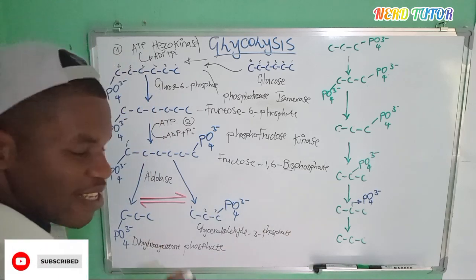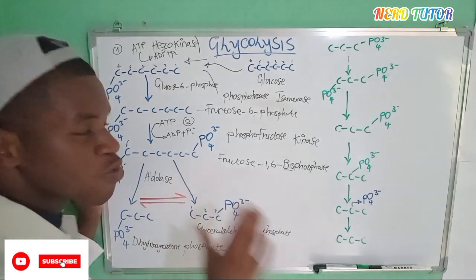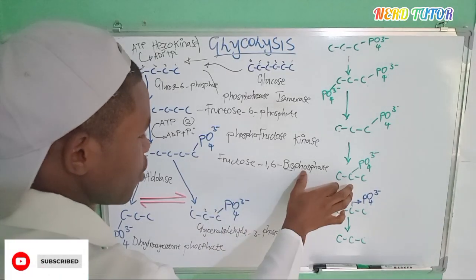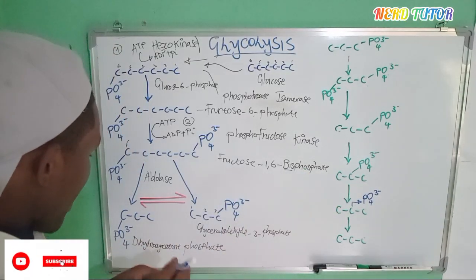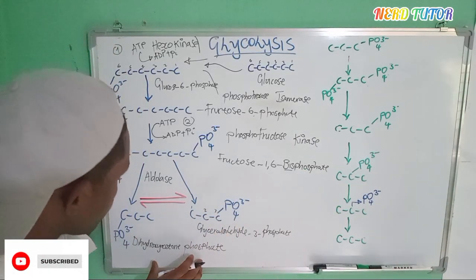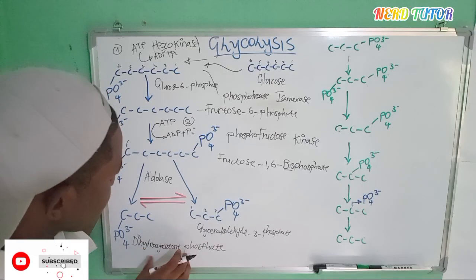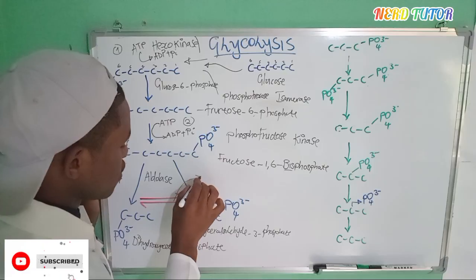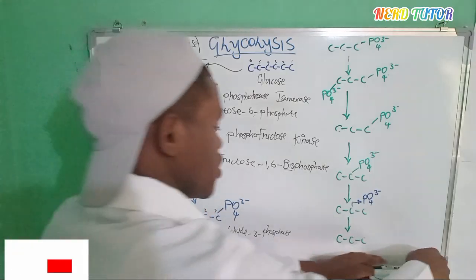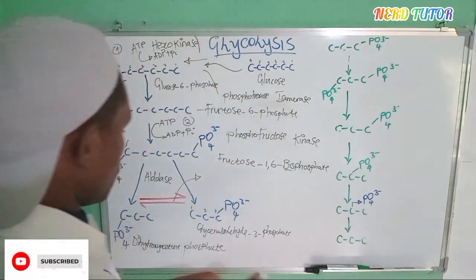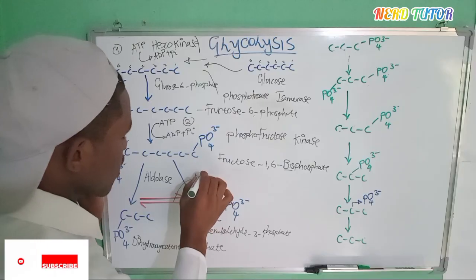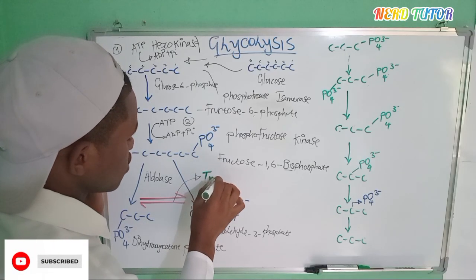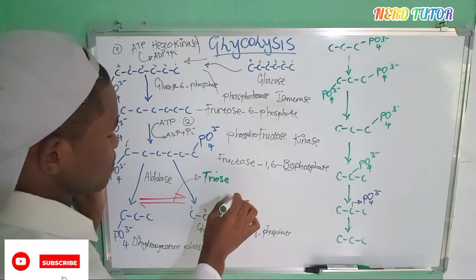But by which enzyme? Because aldolase is just responsible for splitting this molecule. So the enzyme that is responsible for isomerizing this one, let me just write it here. We call it triose phosphate isomerase.